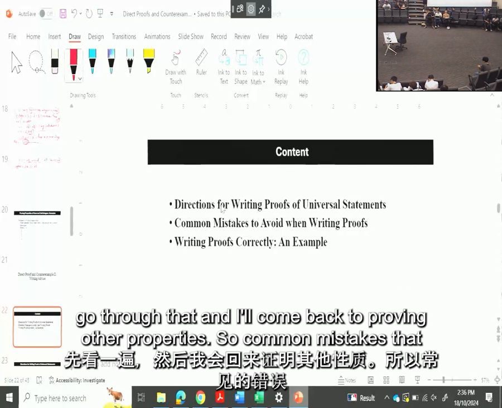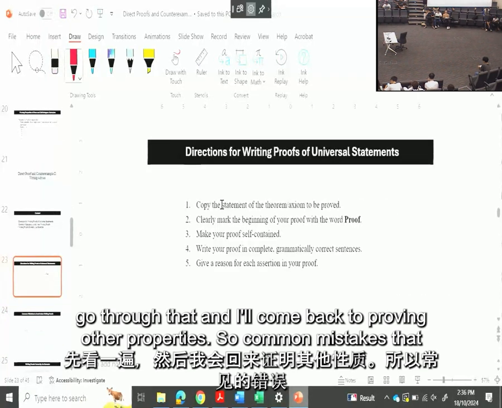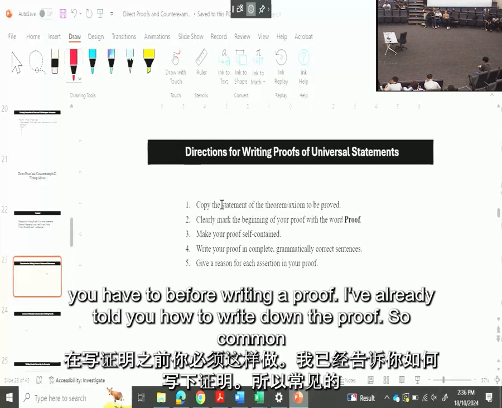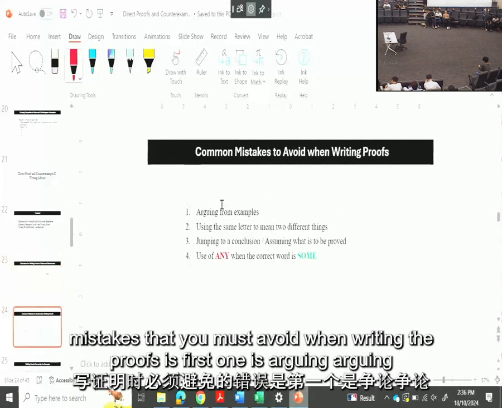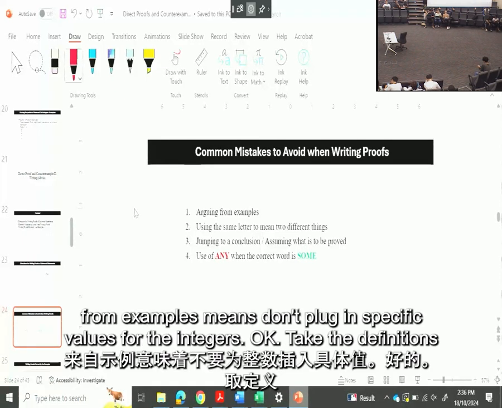So common mistakes that you must avoid when writing the proofs, I have already told you how to write down the proofs. The first one is arguing from examples. Means don't plug in specific values for the integers. Take the definitions.